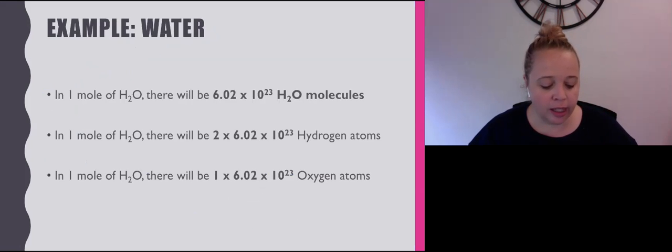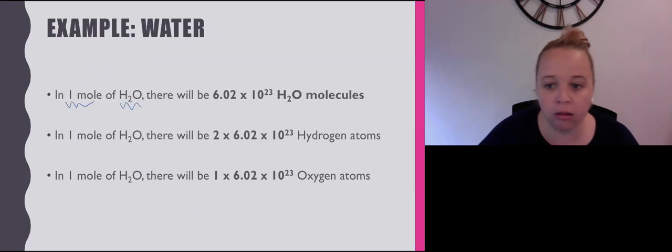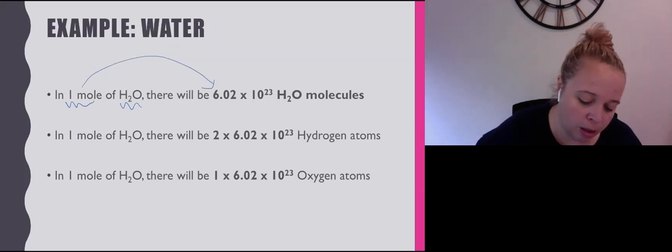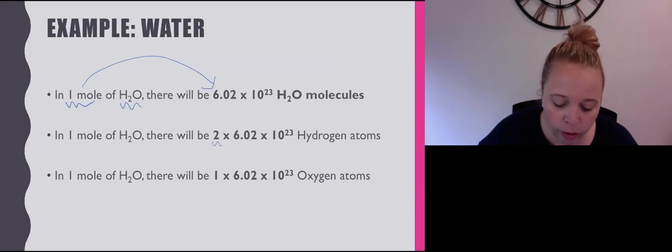So let's have a look here. If you have 1 mole of water molecules, you're going to end up with 6.02 times 10 to the power of 23. That's how many molecules you have, because 1 mole is equal to 6.02 times 10 to the 23. Now, in 1 mole of water, though, you're going to have 2 times the number of hydrogen atoms.